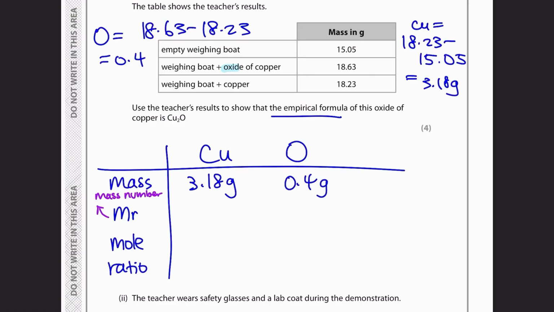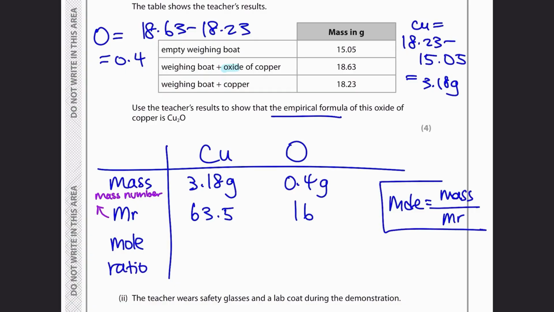Then we find the Mr, the mass number in the periodic table, and if you look at it, copper should be 63.5 and oxygen should be 16. Then what is your equation for mole? Mole is equal to mass over molar mass. This is the only equation that you need to remember for chemistry IGCSE.